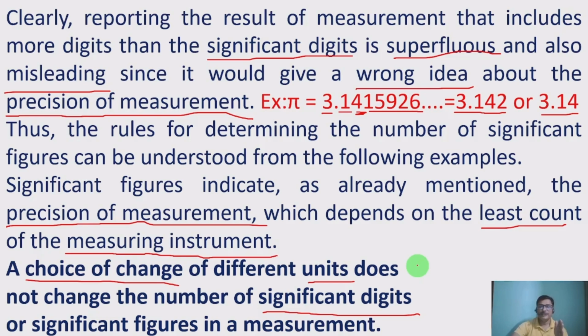For example, a length may be taken in meter, centimeter, millimeter, or kilometer, and mass may be taken in milligram, gram, or kg. The choice of unit does not change the significant figures in the measurement. That is the common method of consideration.